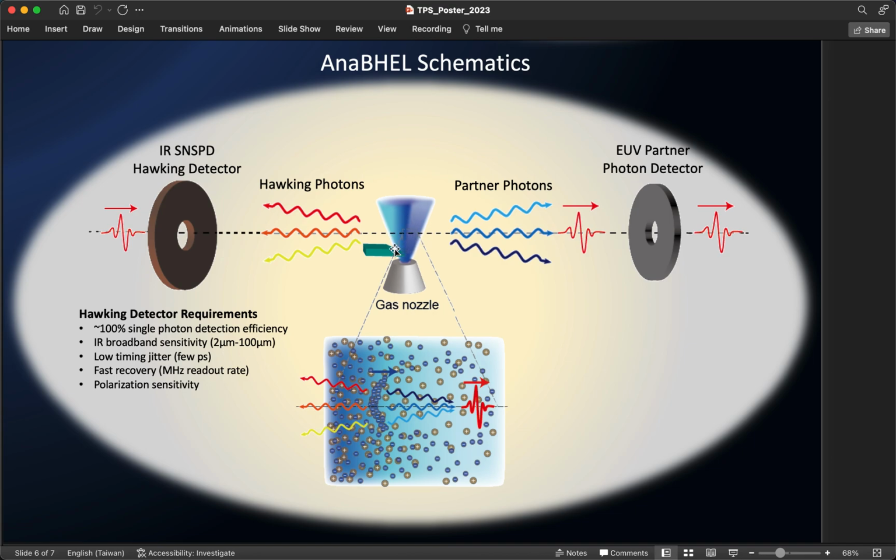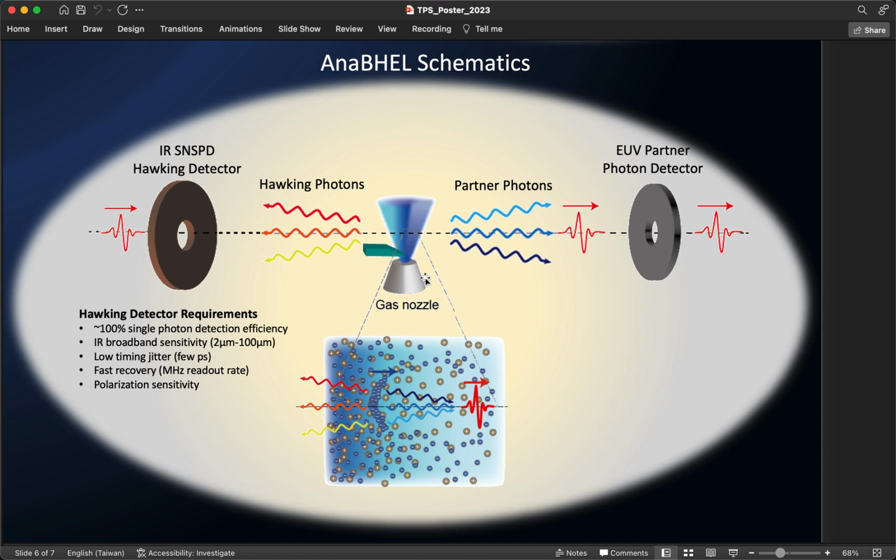And since we put a blade right here, causing a high density gradient, this would cause a high acceleration plasma wake field mirror moving along with the laser. So there will be Hawking photons radiating back, and the goal of this Hawking detector is to detect these Hawking photons.